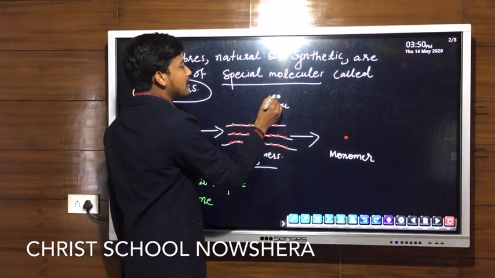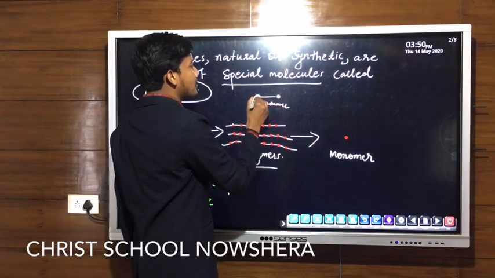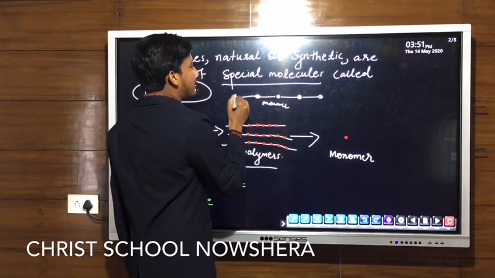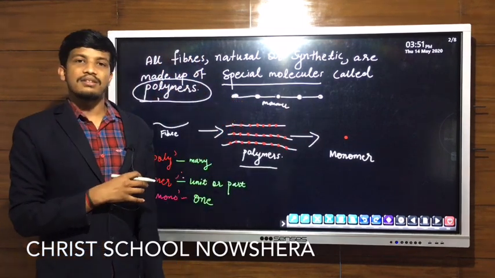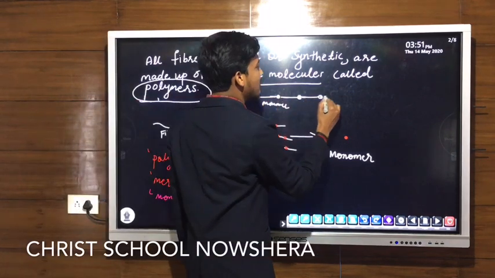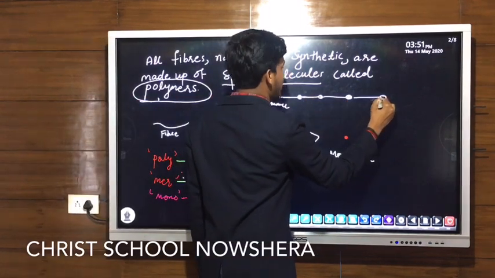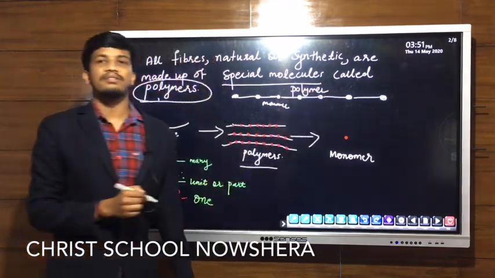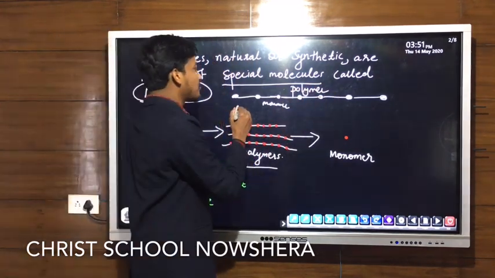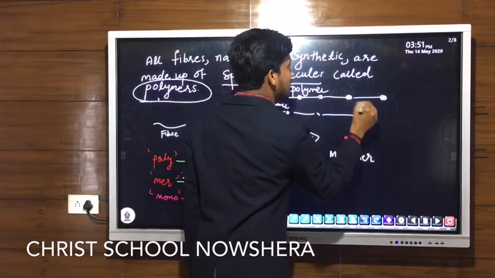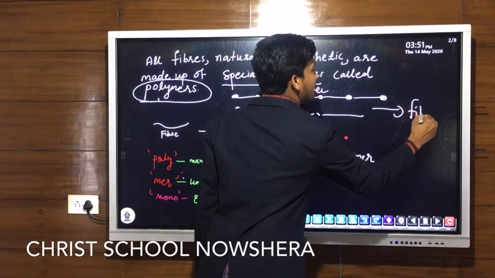Now, when the same monomers are combined together to form a long chain, this long chain is called polymer. And a group of polymers are joined together to form fiber.